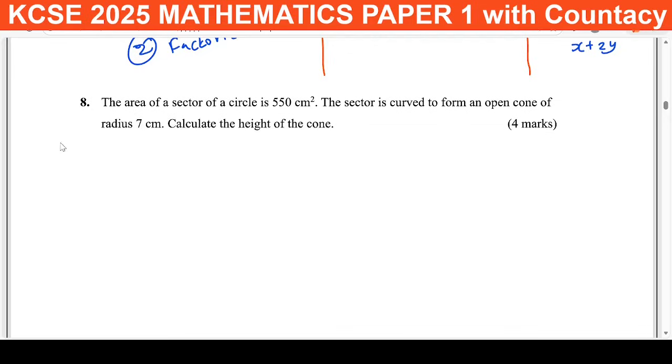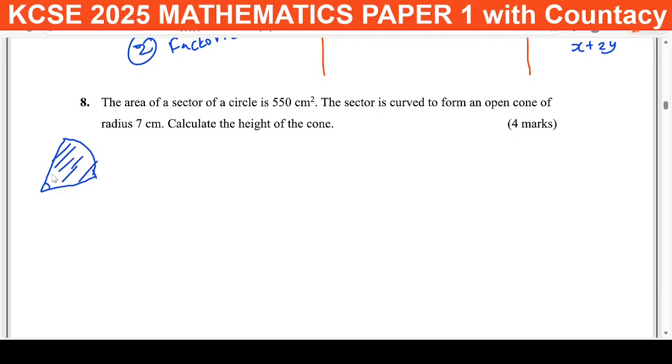So how does a sector look like? A sector of a circle is usually something like this. Just forgive my drawing skills. So this is the sector of a circle with the area of 550 centimeters squared.